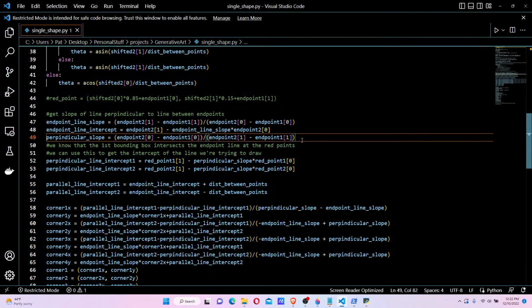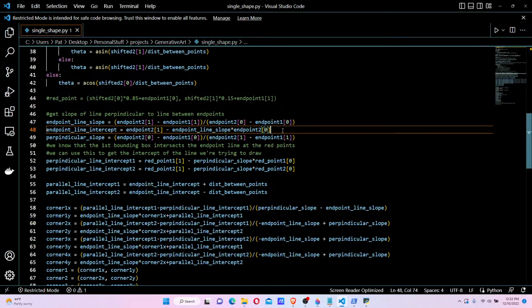Endpoint line intercept. So y equals mx plus b. Y minus mx is equal to b, minus endpoint line slope times x endpoint 2, y value of endpoint 2.